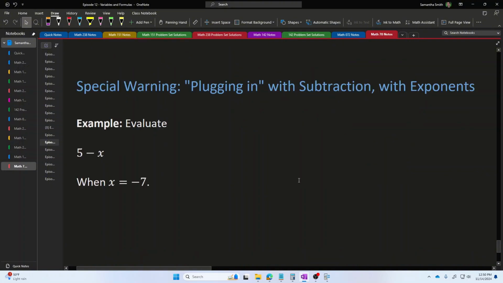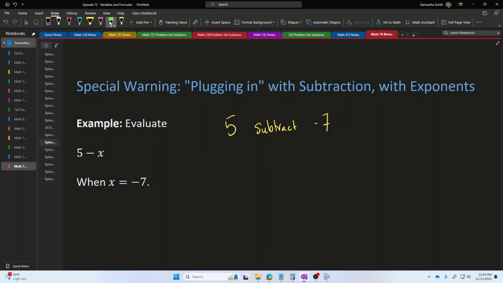Now, a special warning, specifically if you're dealing with values that are negative. If someone writes down evaluate 5 minus x, take 5 and subtract x, and I now know that x is equal to negative 7, what I want to write down when I plug negative 7 into this expression is 5 subtract negative 7.